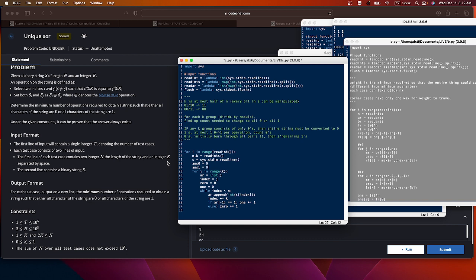Answer 0 and answer 1 are both starting at 0. So if answer 0 or answer plus equals, what's a large enough value here?